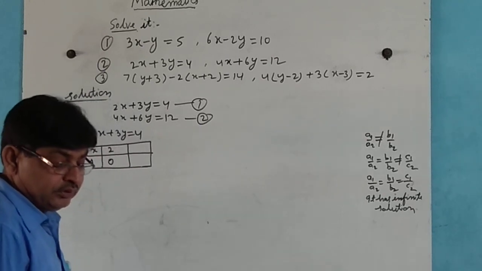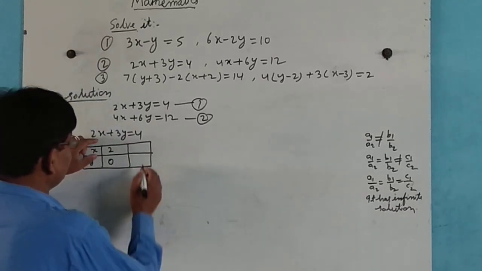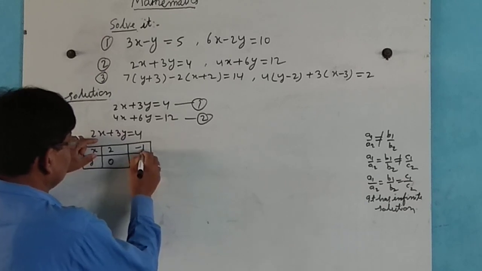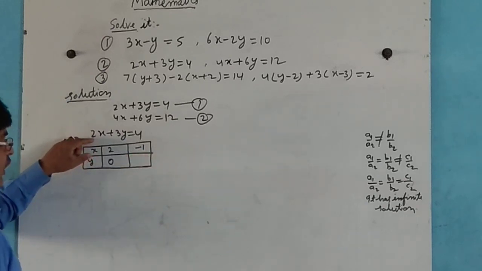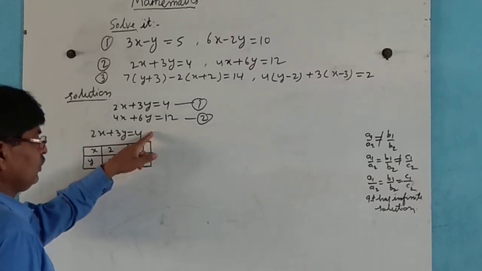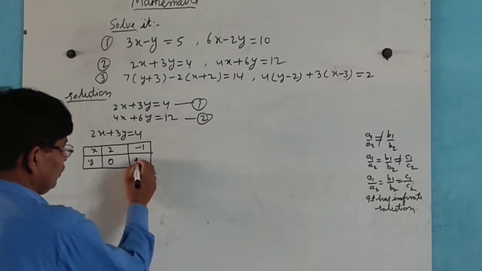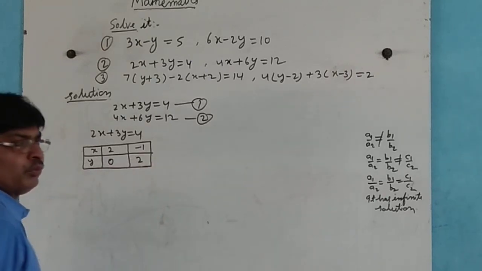Next, if you put x equal to minus 1, this becomes minus 2 plus 2, 4 to 6 divided by 3, that is equal to 2.